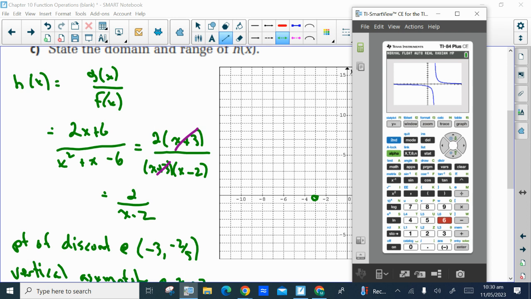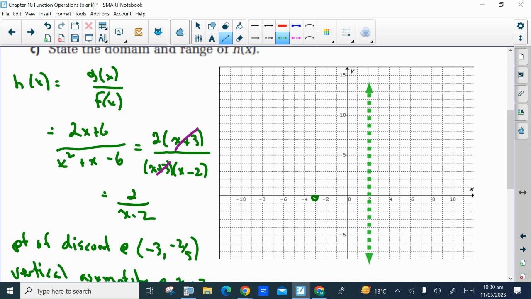We can also confirm the point of discontinuity. If we go into the trace mode and we let x equal -3, there is no y value returned, which means that that point is not on the graph. So that confirmed that our point of discontinuity is at -3.